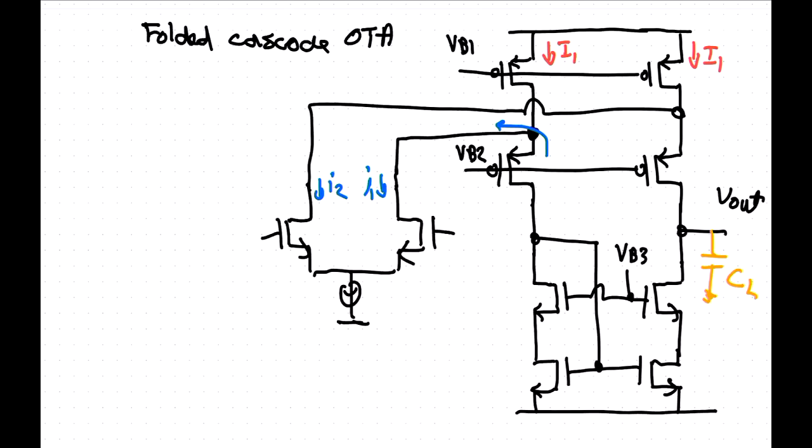If it flows out here, it can't come from up here, small signal wise, because there's a current source, so the small signal current goes that way. From a small signal perspective, that one up there is a constant current source, so that's an open circuit.